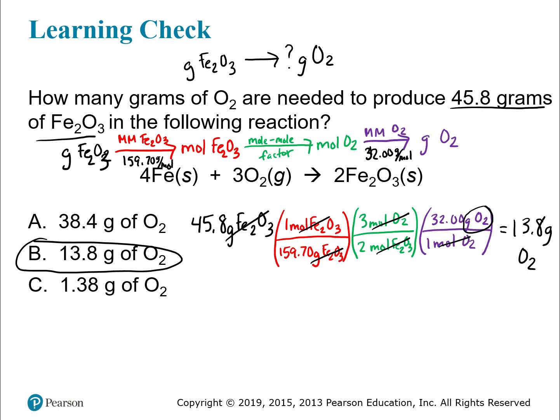So I know there are a couple of you that put your answer in. Everybody else, talk to me. Did you need more time? Did you get stuck? So remember, for this first conversion factor, what we're talking about is the molar mass, and that comes from this equality.